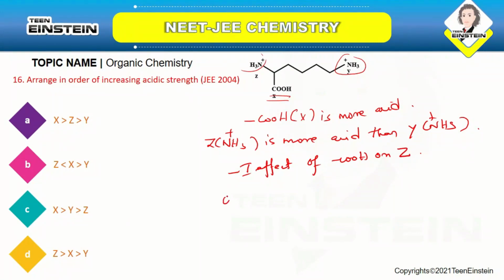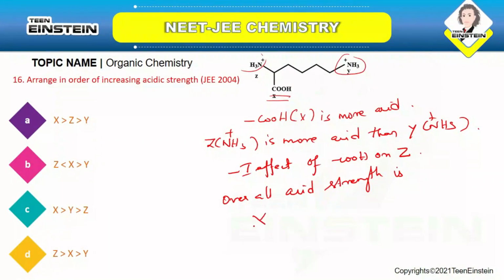So hence the overall acid strength is X, Z and Y. So the correct option is option A.